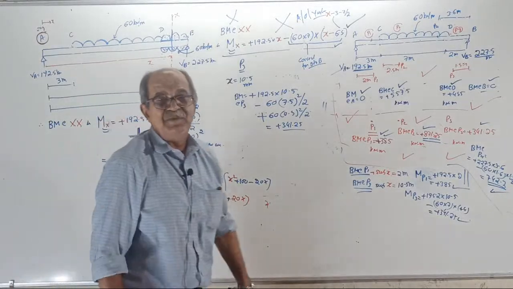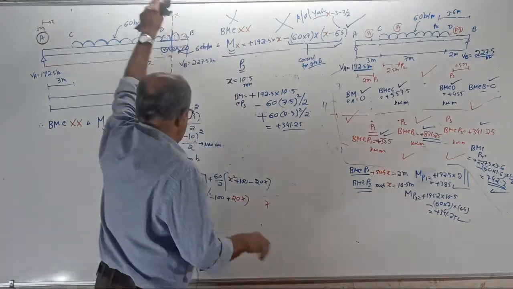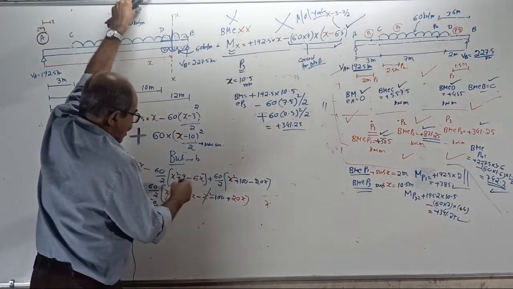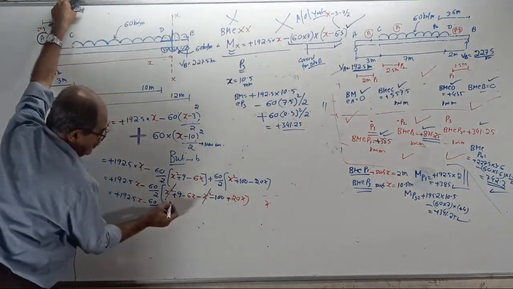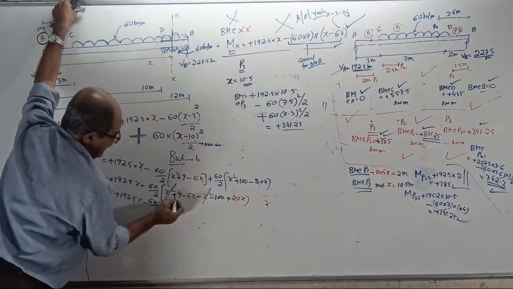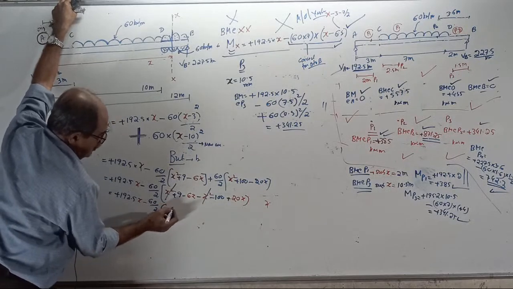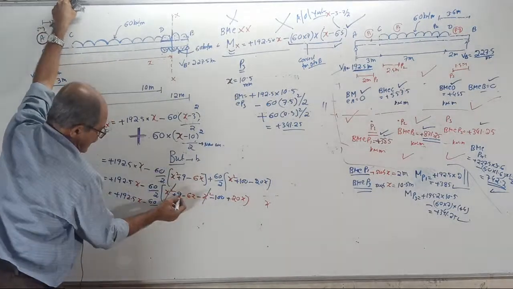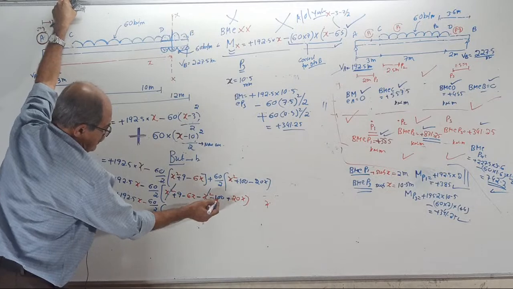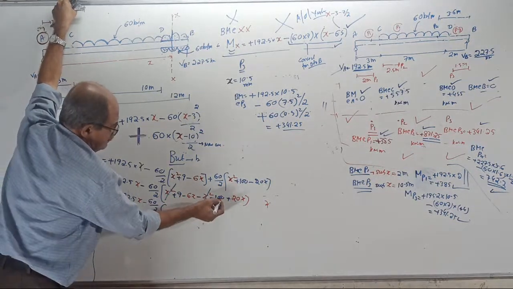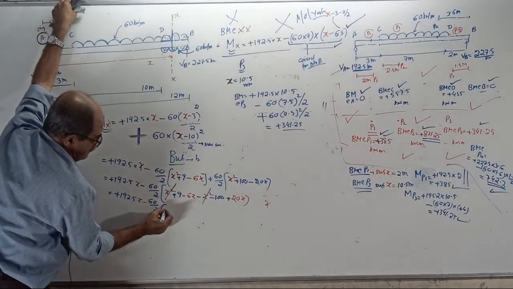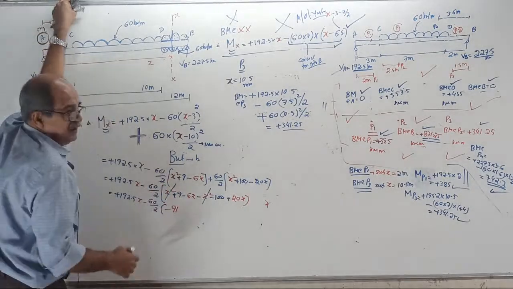Yes or no? Tell me. The parabolic variation cancels. It comes to, see, 9 minus 100 is how much? I'll first put minus 100 plus 9, what is it? Minus 91, correct?